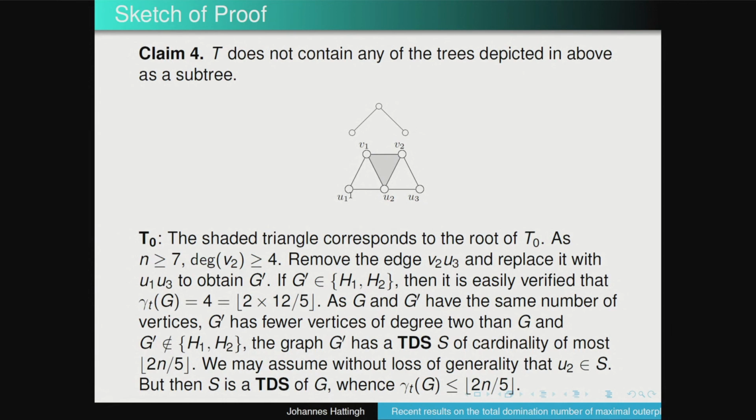Now what could happen is, in this process, I suddenly arrive at my forbidden outerplanar graphs, H1 and H2. And if that happens, you can quickly check that, if this happens, then you can easily verify that gamma_T of G is equal to 4.